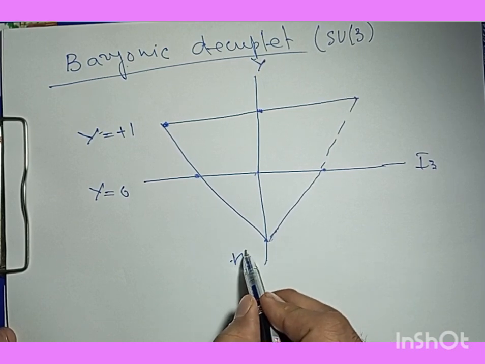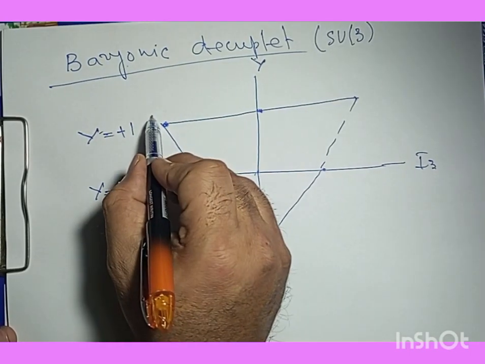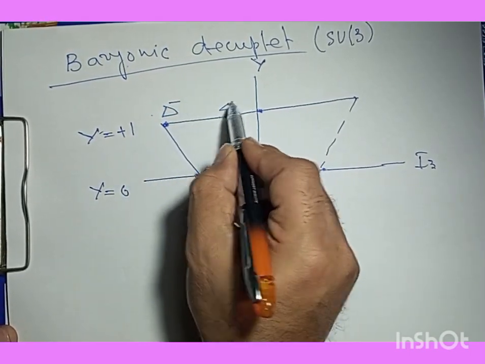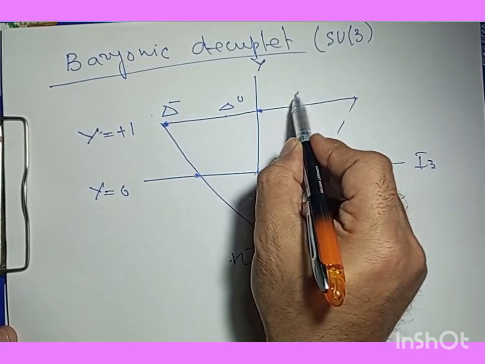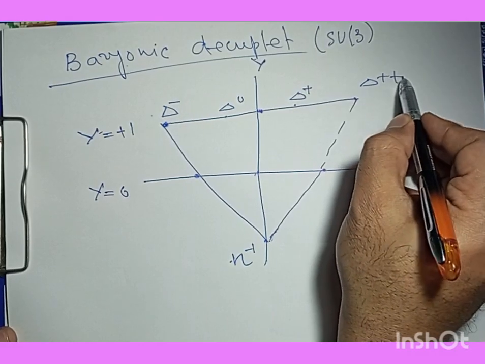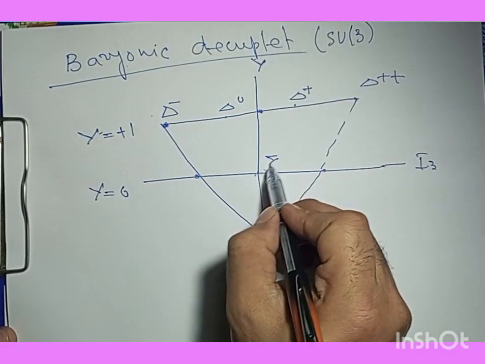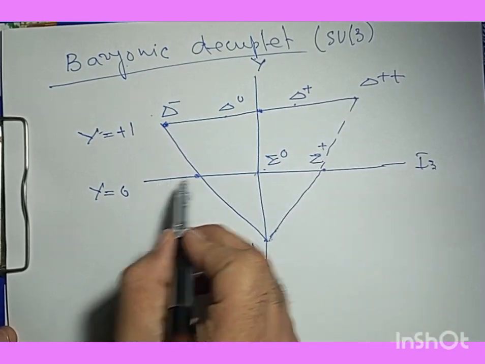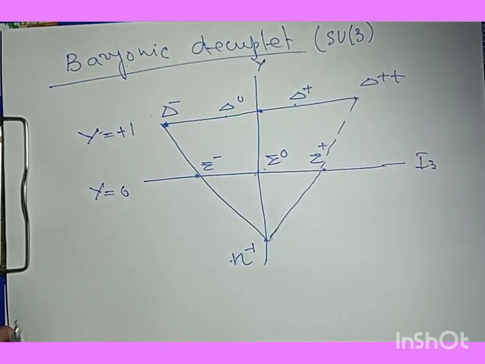So what we have here is delta minus, we have delta 0, and here we have delta plus, and here we have delta plus plus, and here we have sigma 0, here we have sigma plus, and here we have sigma minus.